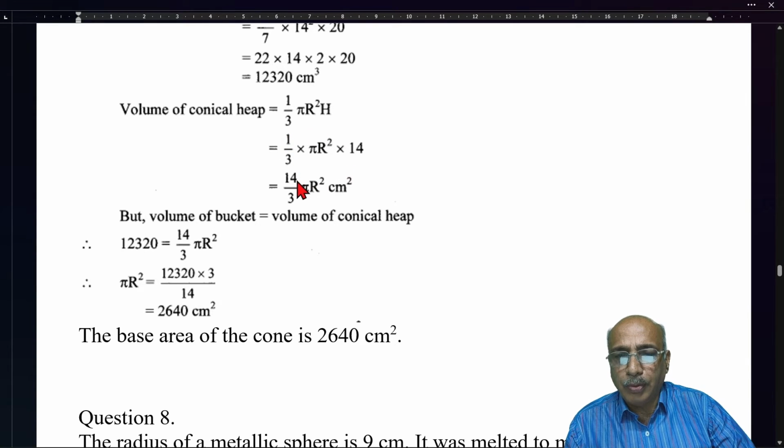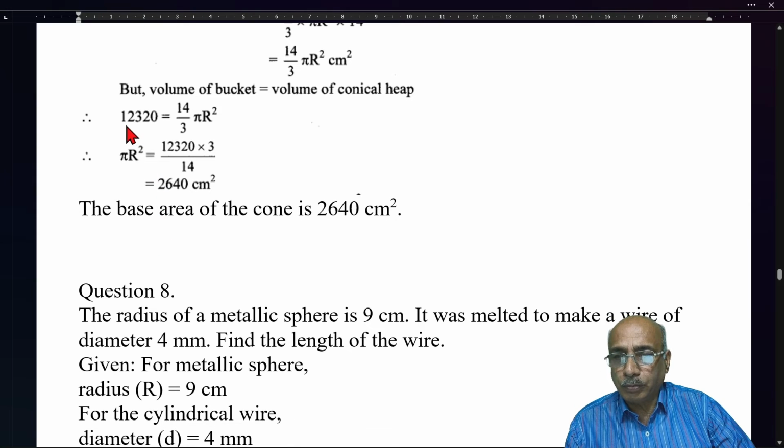Substituting the value, we get 14 by 3 pi r square. But volume of bucket equals volume of conical heap. Therefore, 12,320 equals 14 by 3 pi r square.